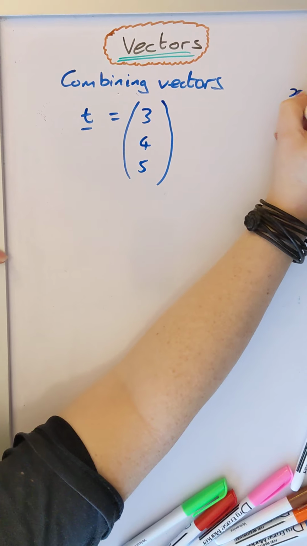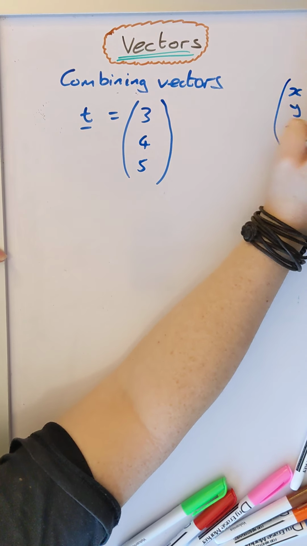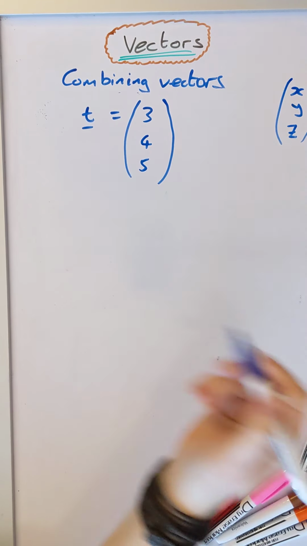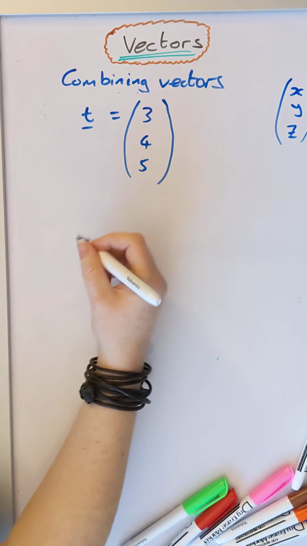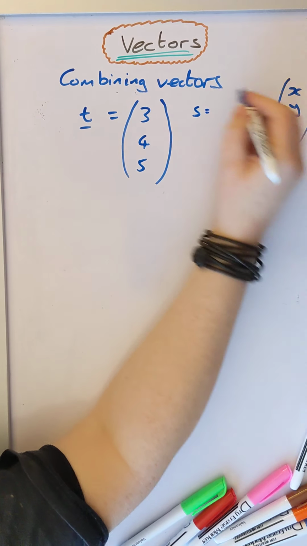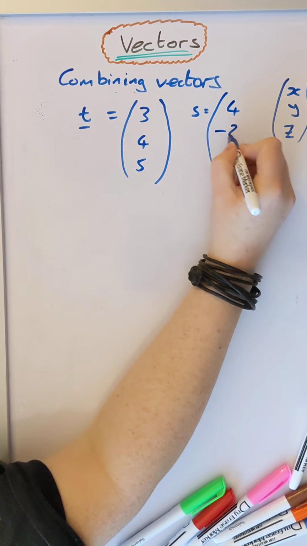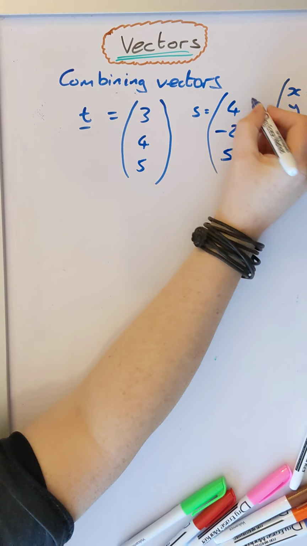That would be our X, Y and Z coordinates. And we wanted to add on a vector S, and that was (4, -2, 5).